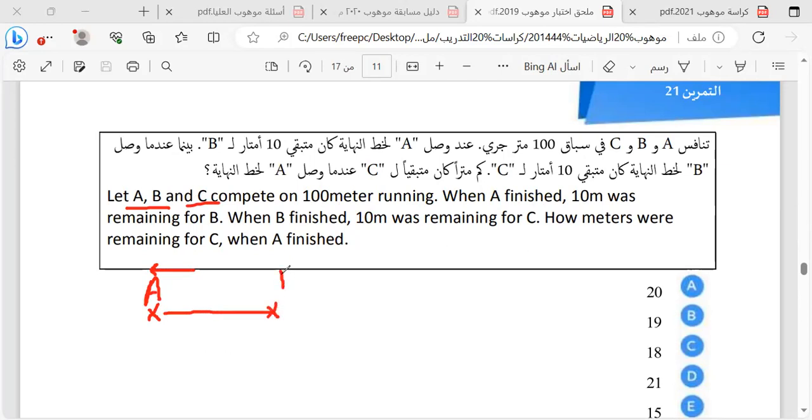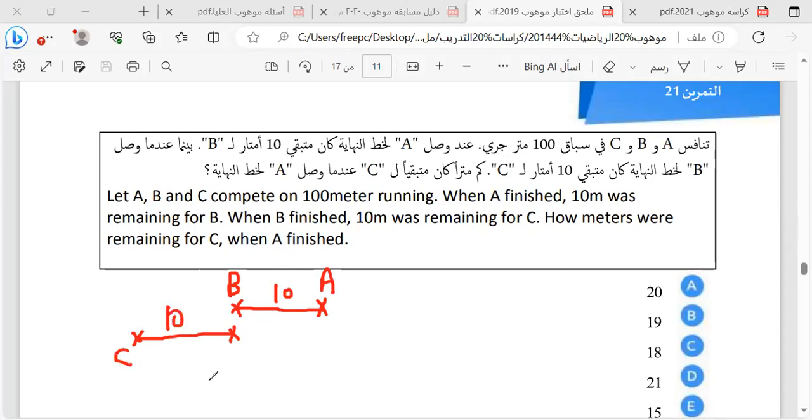Before A, B will be here and A will be here. Between them, 10 meters. Also between C and B, 10 meters. So the question: how many meters will be remaining for C when A finishes?